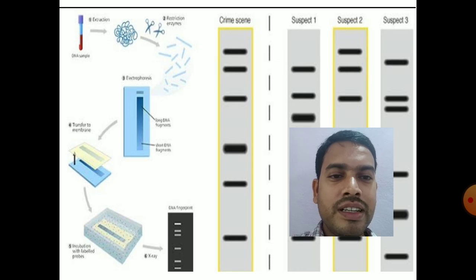After electrophoresis, transfer the DNA fragments onto a nitrocellulose membrane and use probes. They may be radio labeled or enzyme labeled. If you are using enzyme labeled probes, you can use a substrate which is converted into a colored product that can be identified on the paper itself.